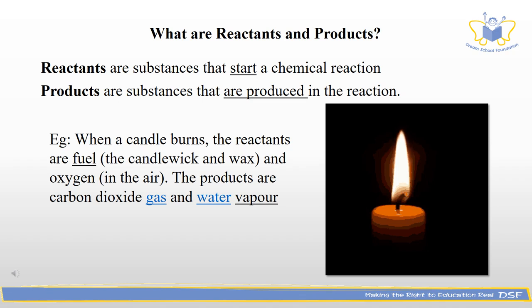The products we get are carbon dioxide and water vapor when the candle burns. The reactants are the substances which are very important for a chemical reaction, which act as a starter, and the products are substances that are produced in a chemical reaction.